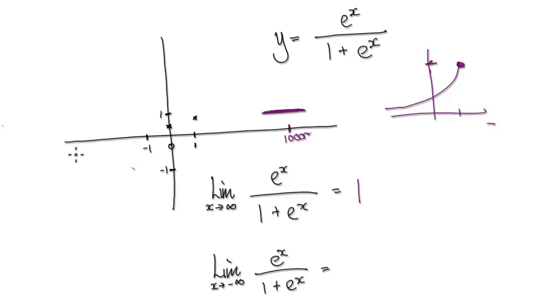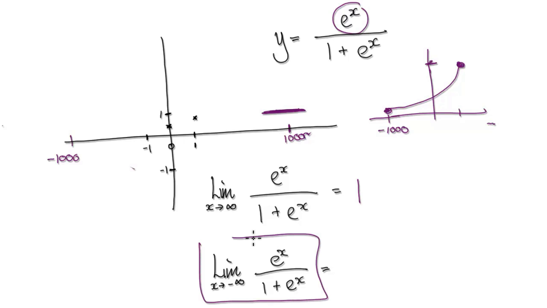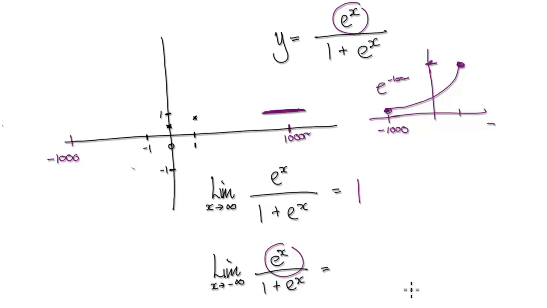Now let's investigate what happens when x is very negative big. Let's imagine negative 1000. When x is negative 1000, e to the power of negative 1000 would be a very small number.